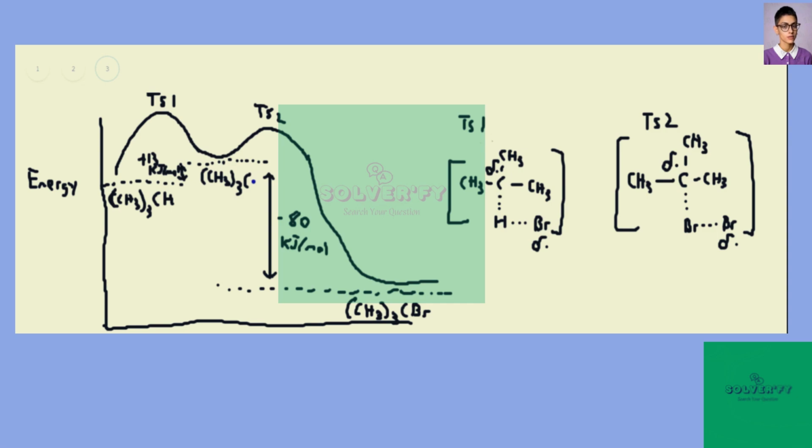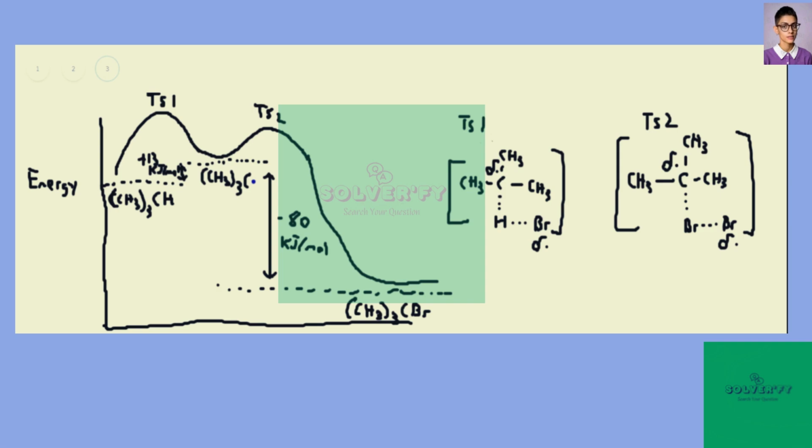Over here on the right, I've drawn the two transition states. Remember, we use dashed lines for bonds that are breaking or forming as part of this transition state, and we use a delta radical symbol to indicate where partial radicals are during this transition state. Here's TS1 and TS2, and there they are.